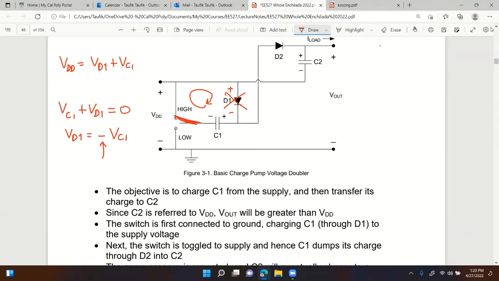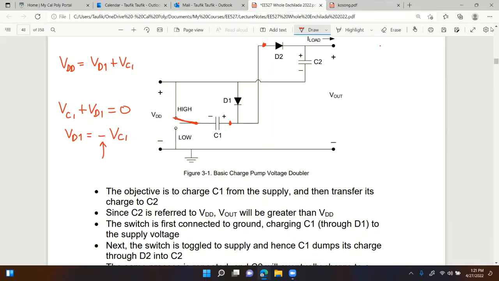Now D2, I believe, is a bit trickier. D1 is easy to see, it's reverse biased. D2, let's see. The anode is connected to the same voltage as C1. Here's the loop; let's see if I can use that loop.